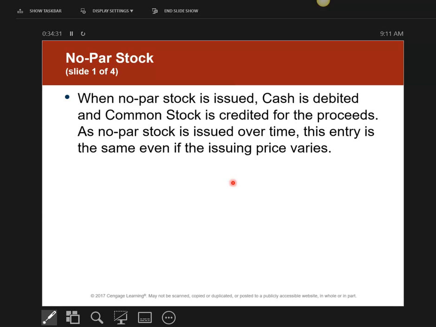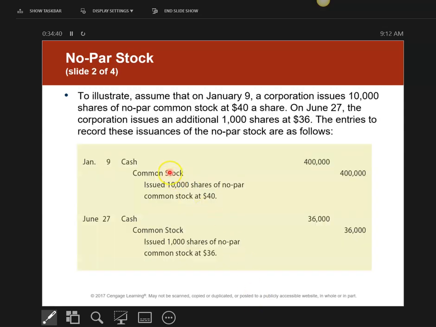Remember, I need a par value to assign a value. If I do not have par, then whatever I sell it for is what goes on the books. For example, I issued 10,000 shares of no par common stock at $40 a share. Then it's the $40 times the 10,000 that I get 400,000 cash, and my common stock is credited for the actual price I sold it at.